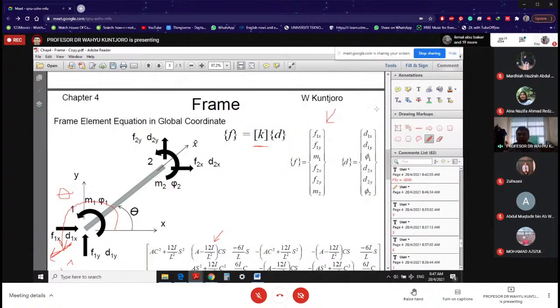So the numbering here is based on from what node to what node on your local axis.